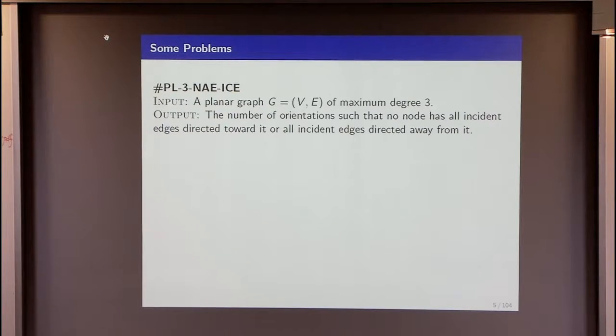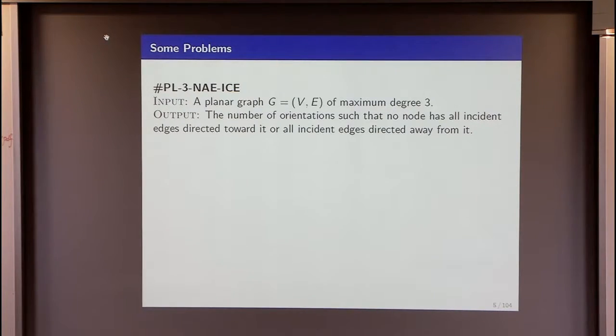All right. So let's look at an example of something that is naturally expressible as a Holant problem and then solved in polynomial time by this method of matchgates and Kasteleyn's algorithm, even though on the surface it may look like it would require exponential time. So the instance is your planar graph of maximum degree 3. And in fact, for this talk, let's just think of them as a regular degree-3 graph.